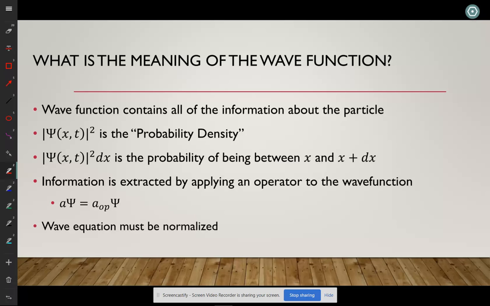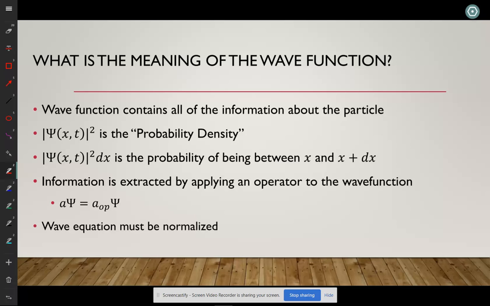If I have a particle and I have the probability of it being in this region, if I add up the probabilities of being in all the regions, it has to come to 1. So the wave function needs to be something that can be normalized so that if you search everywhere, the probability of finding a particle needs to be 1. And of course, when I say search everywhere, I mean perfectly efficient search. Otherwise, your detector just failed.